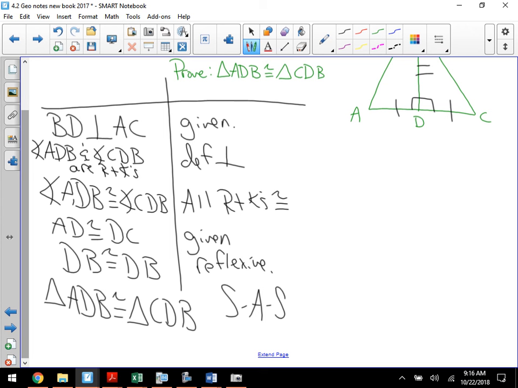If you go back and look at those steps, all the things we just did, there are 12 things on there. The first 6 of them came from the first given. Everything was off of your progression sheet. The next 2 steps, the AD congruent to DC, was given.